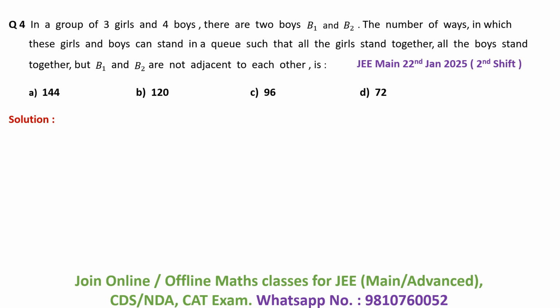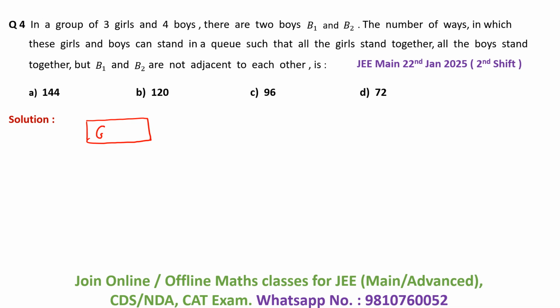That means after finding the total number of cases, we will subtract the unwanted cases to get the number of wanted cases. Fine. Now students, we will be using the block method because we have to keep all the girls together and all the boys together.